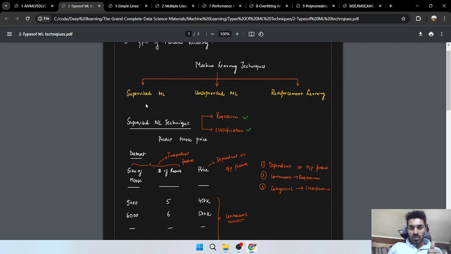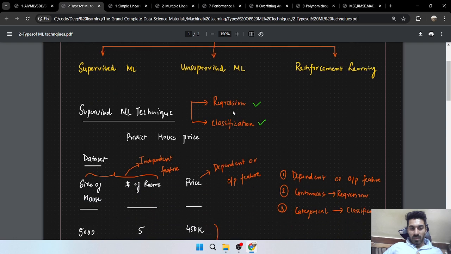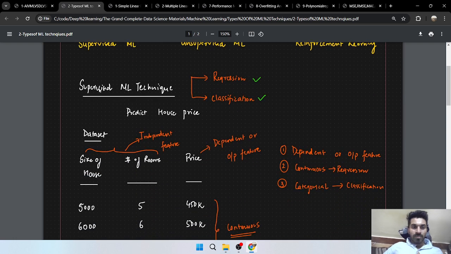If the robot is doing good, you give it a reward, and if it is not doing well, you give it a penalty, so next time it will work well. That's reinforcement learning.